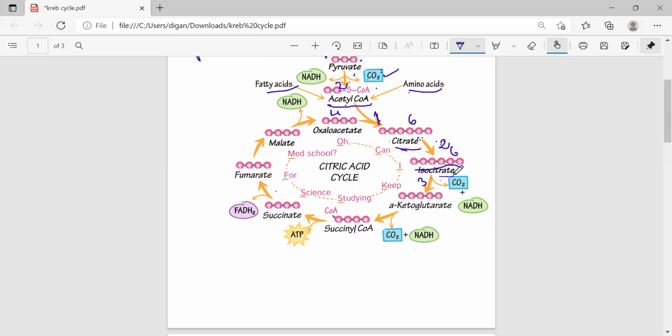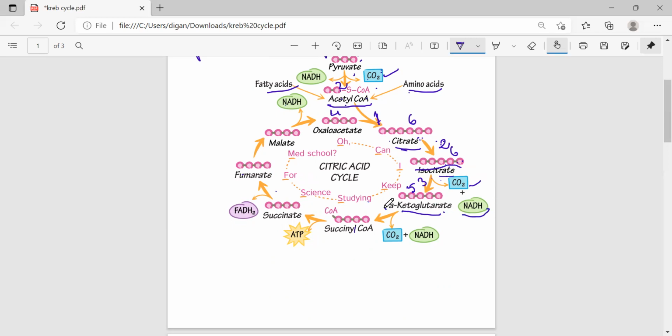In the third step, the isocitrate is oxidized and a carbon is released in the form of carbon dioxide, and as a result, this 6-carbon molecule is converted into a 5-carbon molecule, alpha ketoglutarate or alpha ketoglutaric acid. In this step, NADH is also produced.